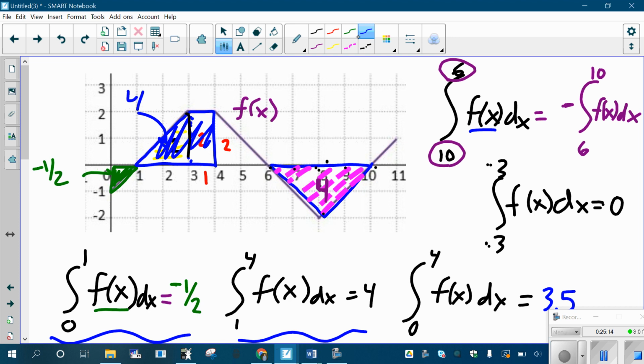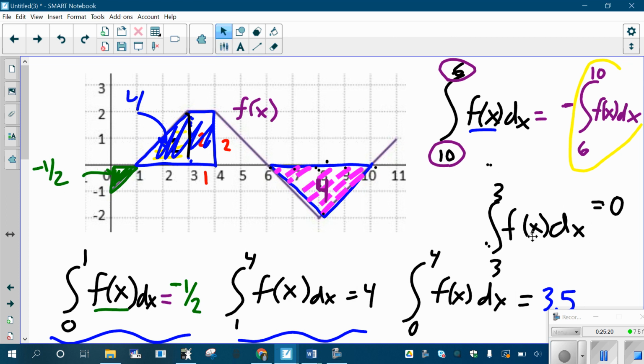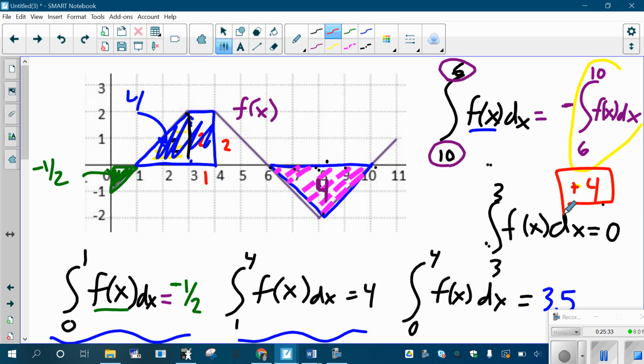So the value of this is negative 4. But then it's also the opposite, and so it ends up becoming positive 4. So I got 2 negatives there. So those 2 negatives cancel each other out. The answer to this problem is 4. Why? It's negative because the bounds are backwards, but it's also negative because it's underneath the x-axis. Those 2 negatives cancel each other out to make positive.